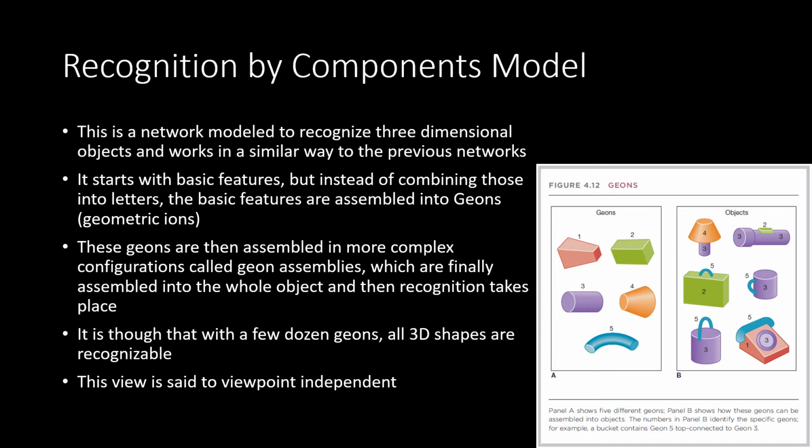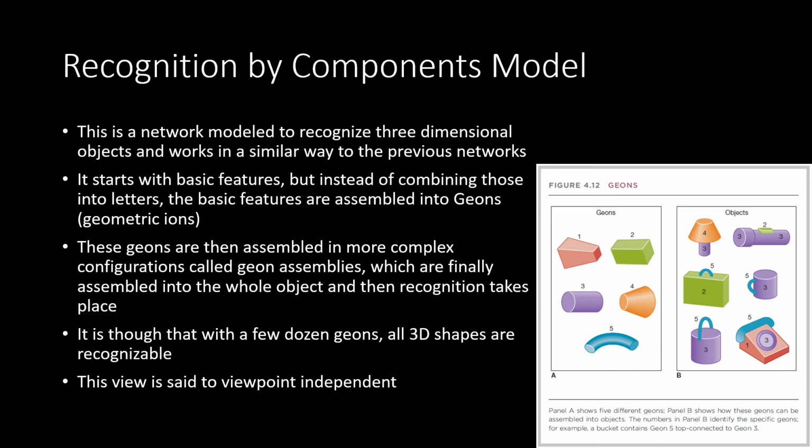Now, this model is said to be viewpoint independent. What this means is it is not reliant on any particular direction from which you are viewing an object, because no matter where you look at it from, you will always start with features which will be combined into geons, which will then be slowly assembled upwardly until the finished object, regardless of where you look at it from, because there will always be features and geons that you can see from wherever you are looking at this object.